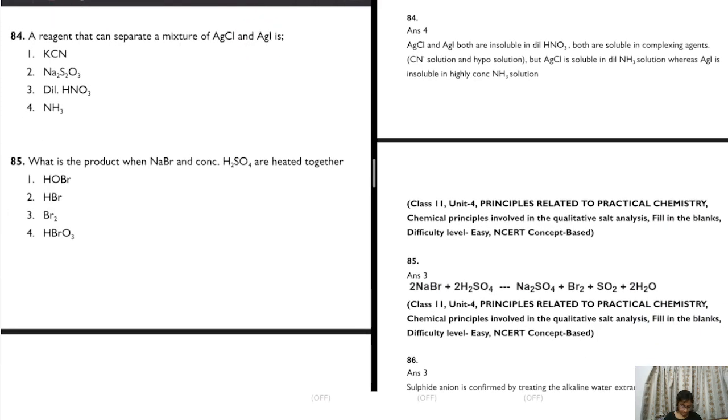Now let's see the next question. A reagent that can separate a mixture of AgCl and AgI is. See what happens is AgCl and AgI, they both are insoluble in dilute HNO3.